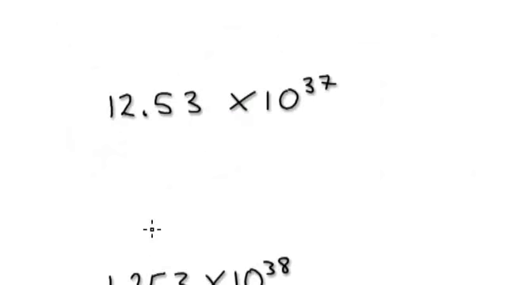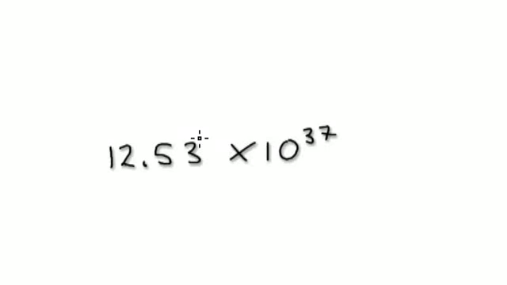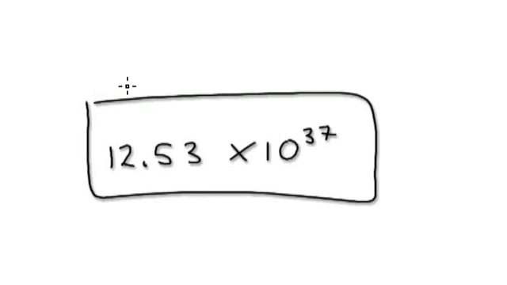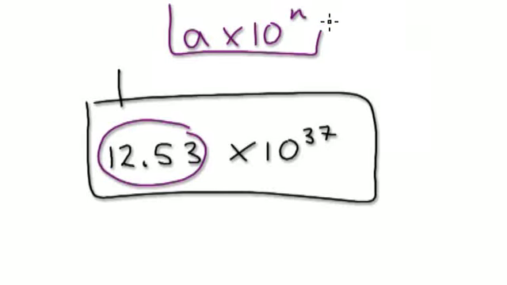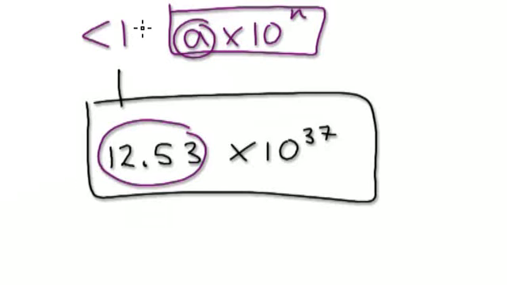Oh, and this one here. This is not standard form, because remember standard form is a times 10 to the power of n, and a has to be less than 10. Here it's gone over 10, so this is not standard form.